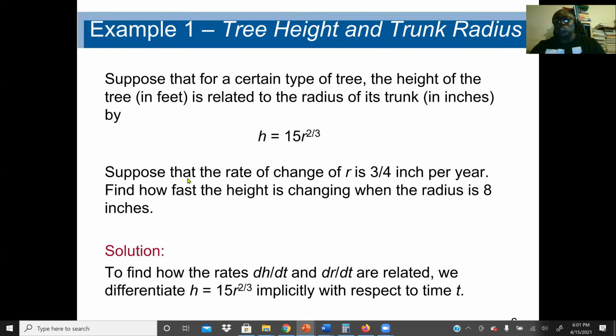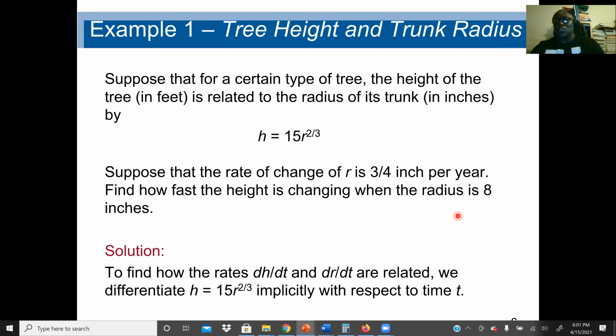We said that the rate of change of r, dr/dt, because it's change per year, will give me 3/4. And they also gave us the radius to be 8. Right here, find how fast the height is changing when the radius is 8. So those two values are given.